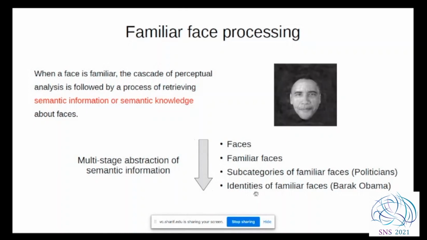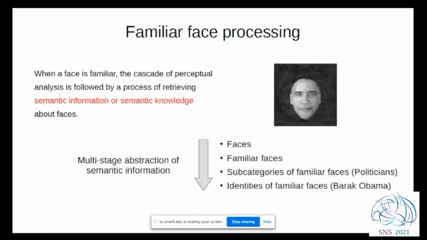And finally, you identify this particular face, who is Barack Obama. So basically, in this process, you have multiple stages of abstraction of semantic information.